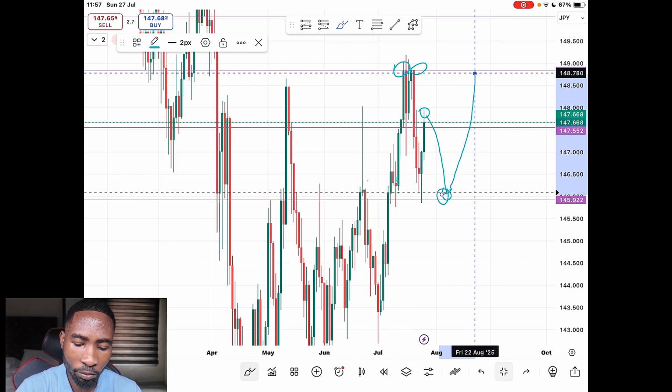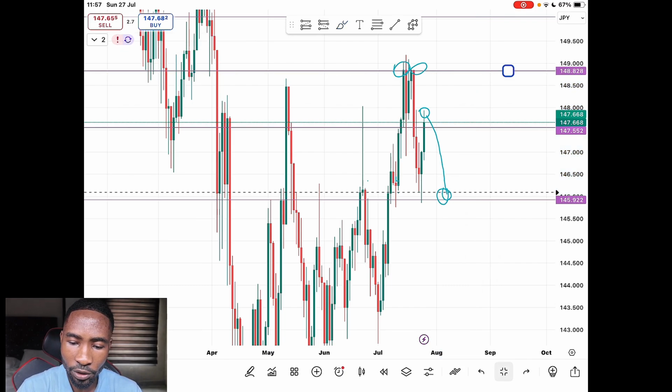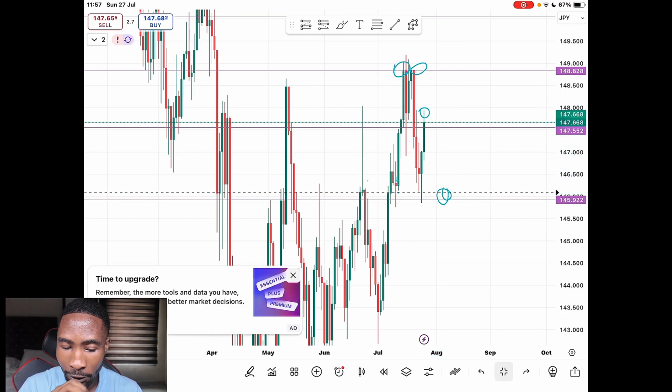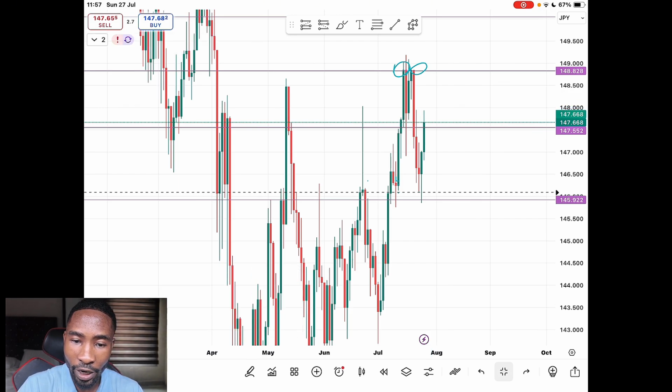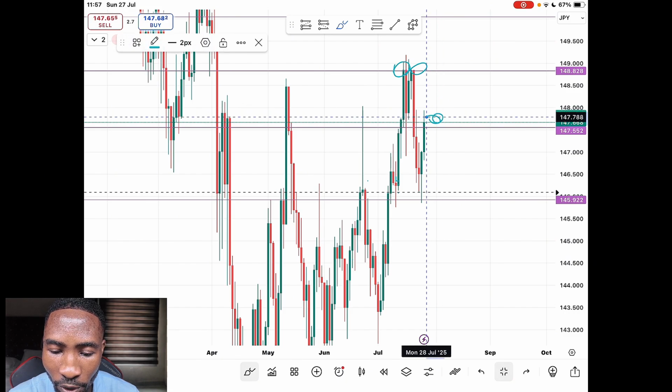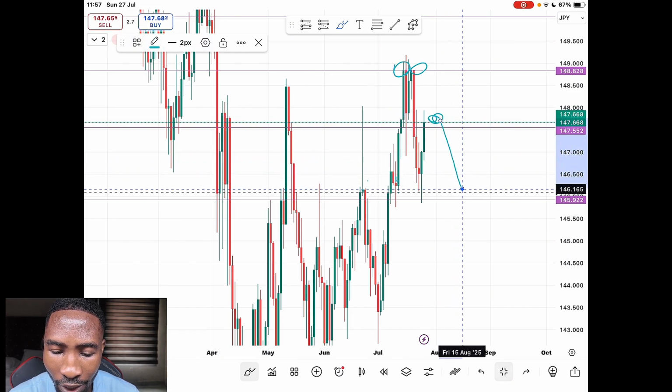I'm expecting the market to do this. Of course, I can only react, I can't predict. Whatever the market does is what I'm going to react to. If the market gives me an opportunity on a smaller time frame to sell, I will sell.